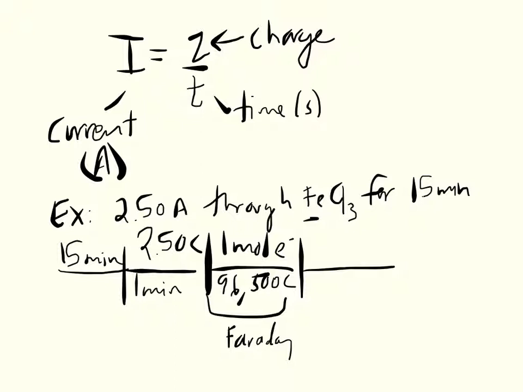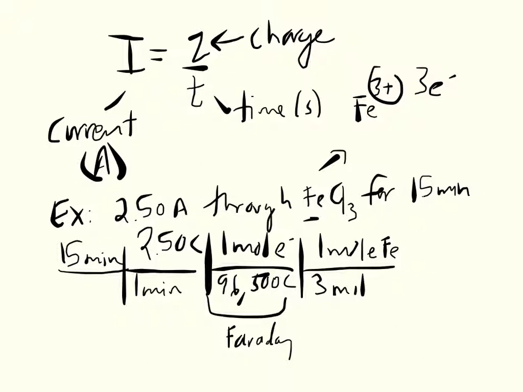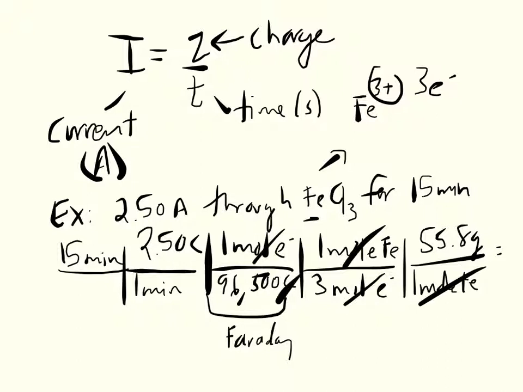And we know from the equation here, Fe is going to have a positive 3 charge, so there's going to be a transfer of 3 electrons. So for every 1 mole of Fe that's produced, that's going to involve the transfer of 3 moles of electrons. And we know that 1 mole of Fe has a mass of about 55.8 grams. So if we do the stoichiometry here, and we do all the math out, we'd be left with about 7.23 times 10 to the negative 3 grams of Fe.